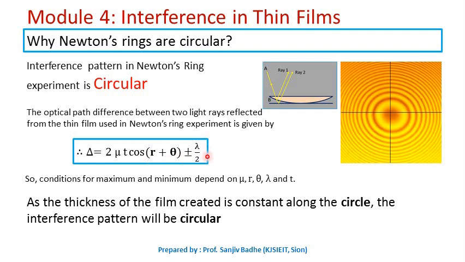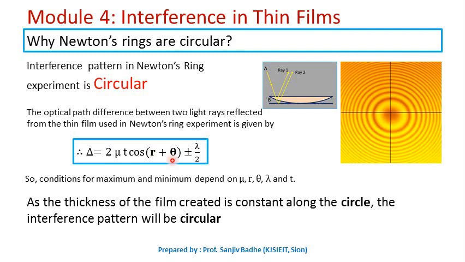In a given experimental setup, the refractive index of the film is constant and the angle of refraction will be constant. If the angle of incidence is 0, this angle of refraction will also be equal to 0. So for normal incidence, this angle of refraction can be taken as 0. The angle of wedge will be constant.